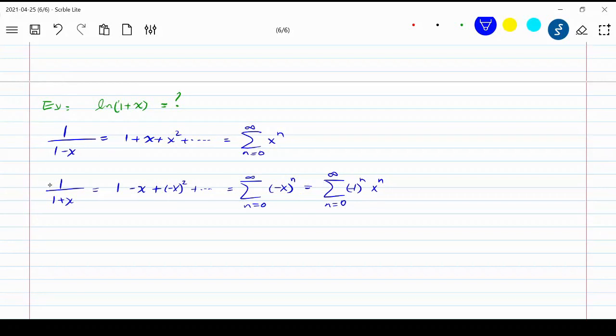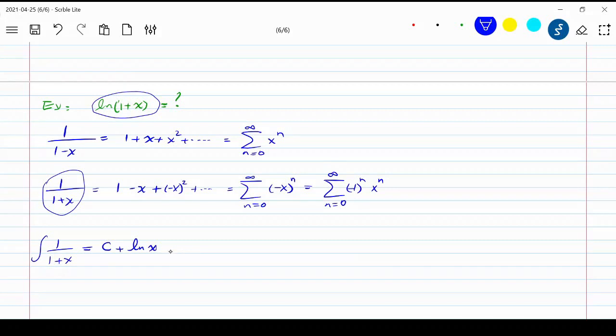Okay, now, what is the relation of this term with the ln of 1 plus x? It turns out that if we integrate 1 over 1 plus x, what do we get? We get some constant plus ln of 1 plus x. Right? So this is exactly it.